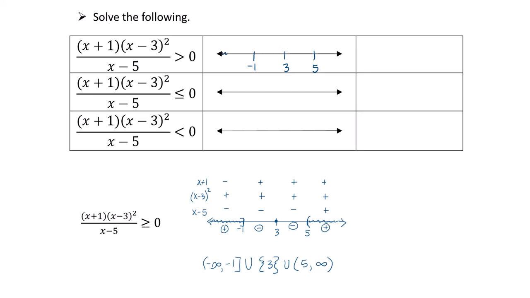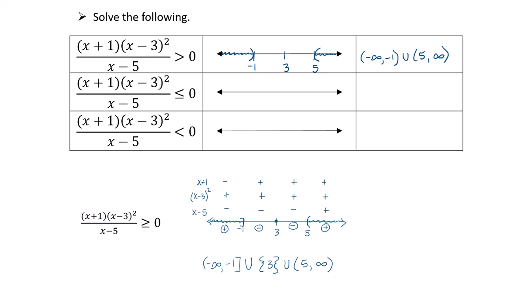So we end up using this interval, not the boundary, not this interval, not this boundary, not this interval, not this boundary, but we can use this interval. So our solution set becomes negative infinity to negative 1, union 5 to positive infinity.